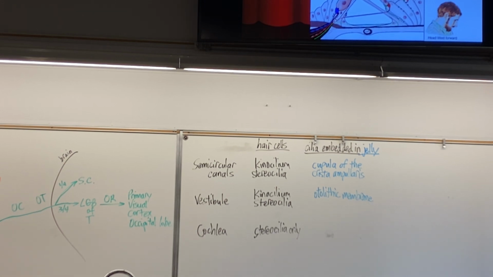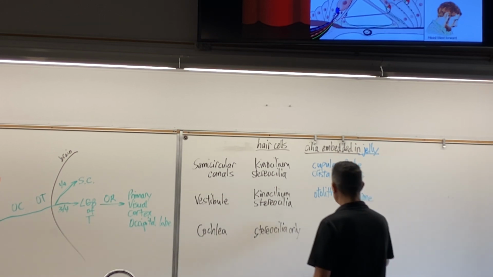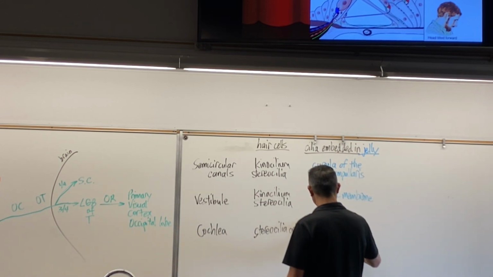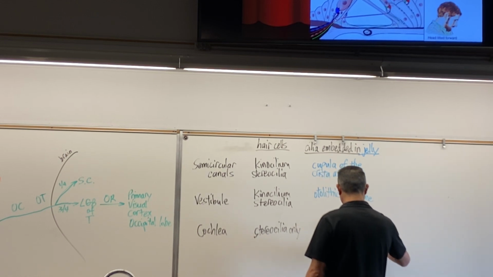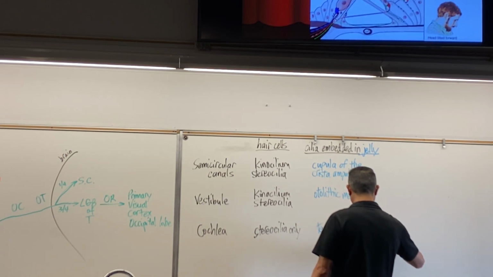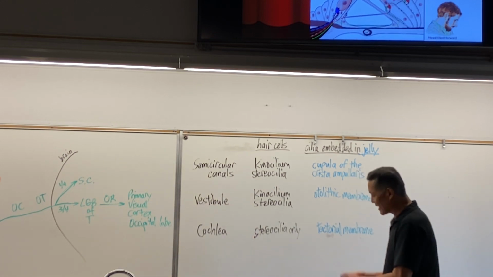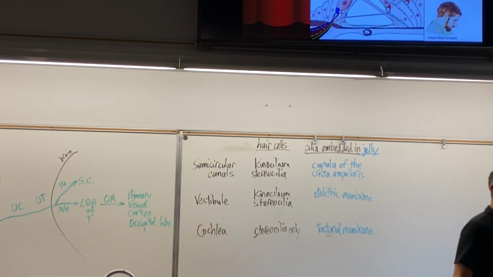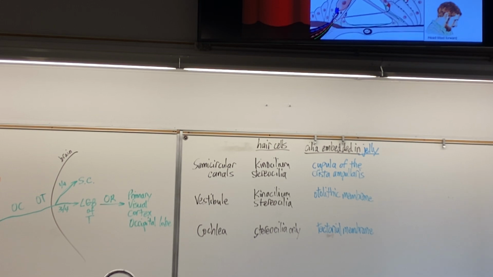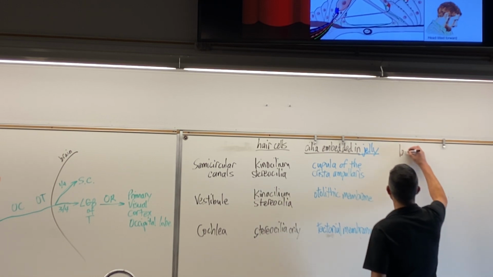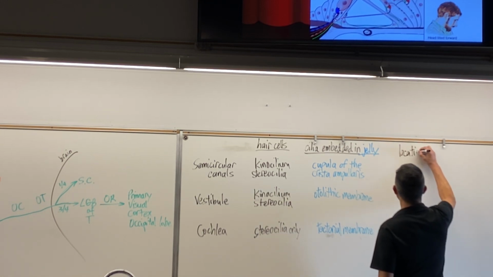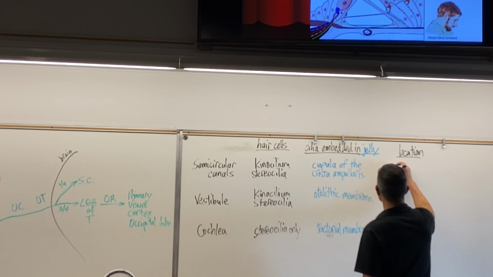And in the cochlea, it's a jelly-like patio roof. Looks like a patio roof, and that's the tectorial membrane. That's the jelly that the cilia are stuck in. And then the location is right here. Actually, I should look at this over here.